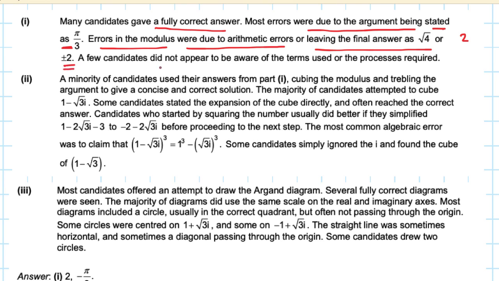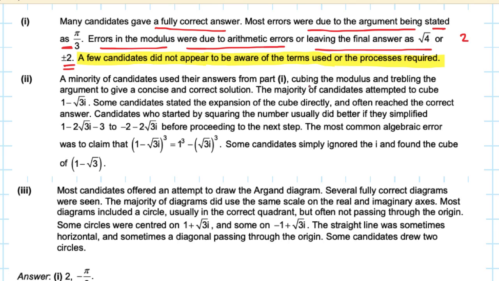If a candidate does not appear to be aware of the terms used or the process required, they had no idea how to deal with this kind of question, which means few of them, most probably.